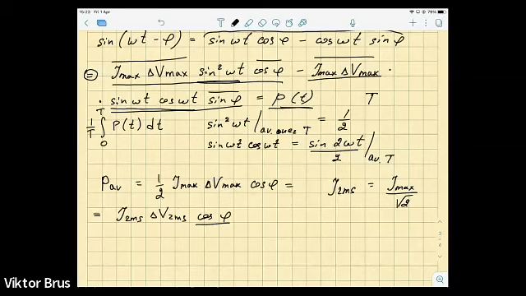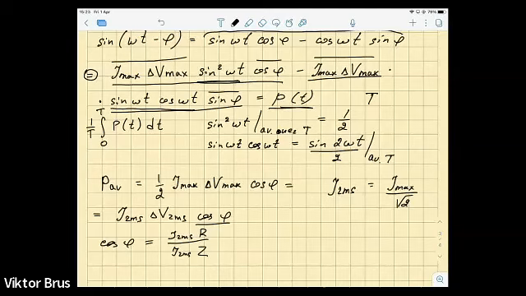We can define cosine phi as equal to I RMS times R divided by I RMS times Z, impedance.